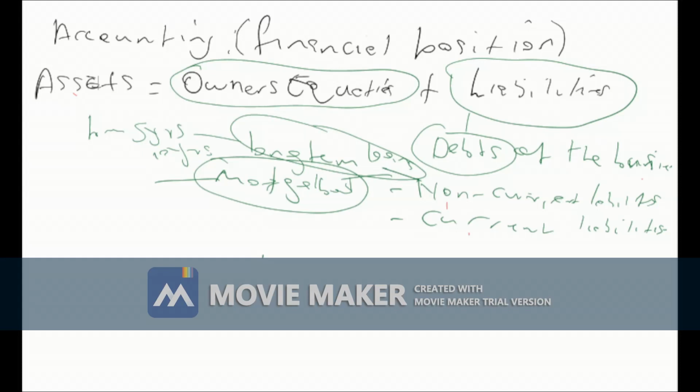Okay, now let's look at the types of current liabilities. First, we have what? Creditors. Secondly, bank overdraft.